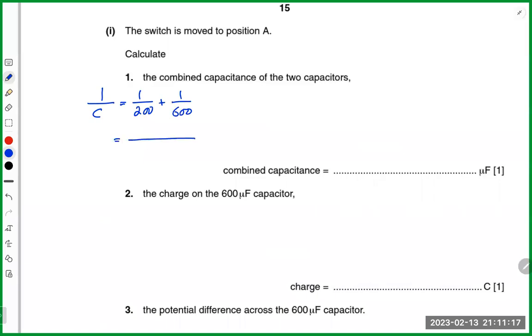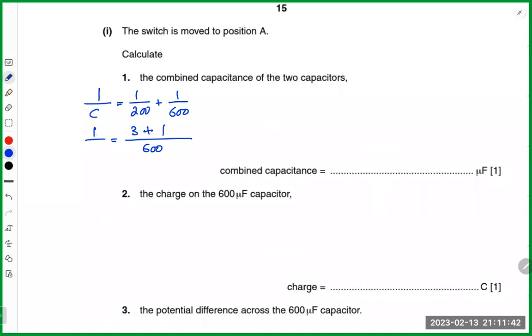So, with 600 as the common denominator, 3 plus 1 equals 1 over C. So C equals 600 divided by 4, which is 150 microfarad.